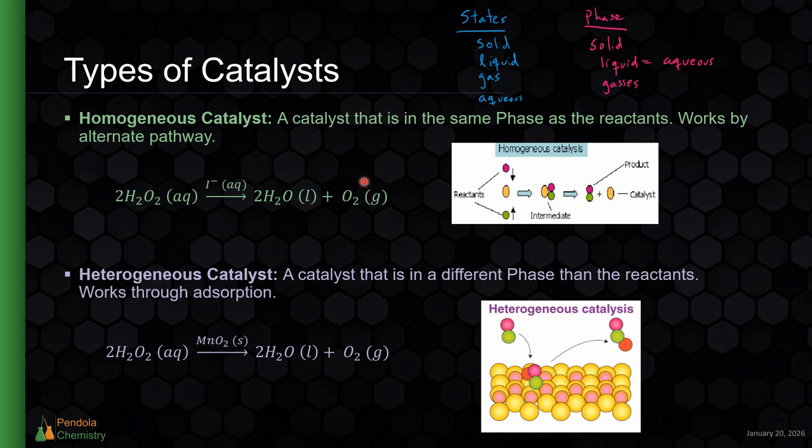Well, this reaction can be catalyzed by a number of different catalysts. One of them is iodide ions, I- aqueous ions. So this could be from a solution of potassium iodide, sodium iodide, something like that. When we add potassium iodide or sodium iodide, some kind of aqueous iodide ion solution, to peroxide, it decomposes into water and oxygen a lot more quickly.